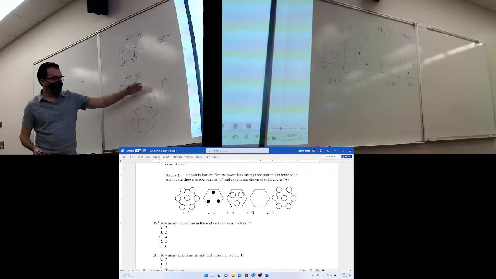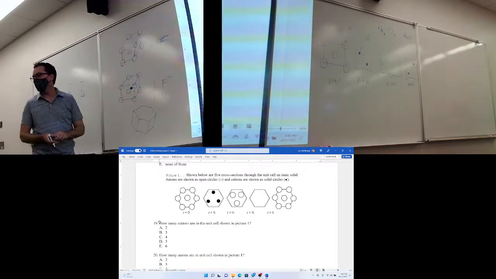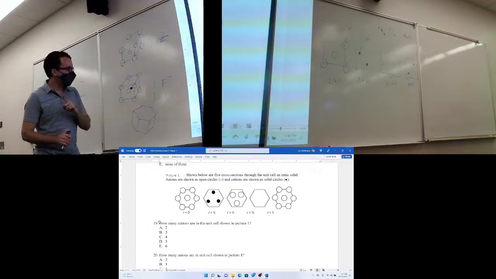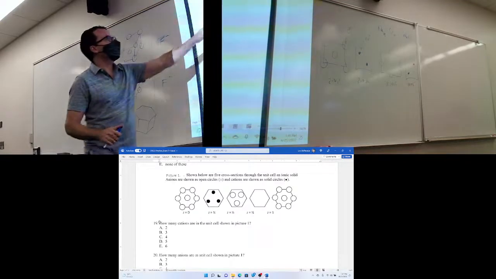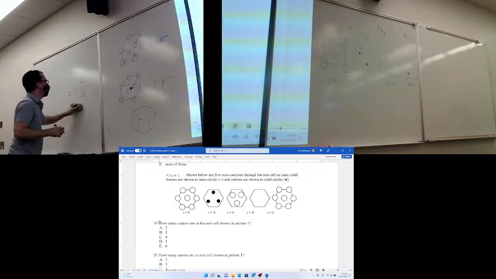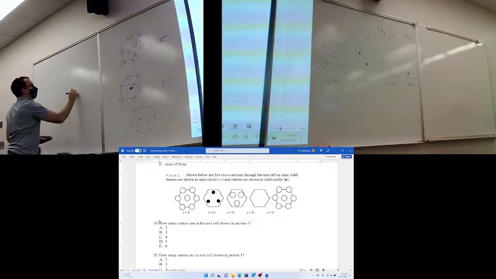Those can only be shared with one other unit, the one directly on top. Now would the corner atoms be divided, like 1/12? Oh yeah, so that's a different one. So these corner atoms, if you draw a hexagon flat, yeah, that was kind of confusing. I just didn't know if you count them as corners or faces.